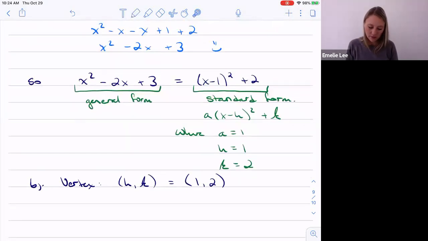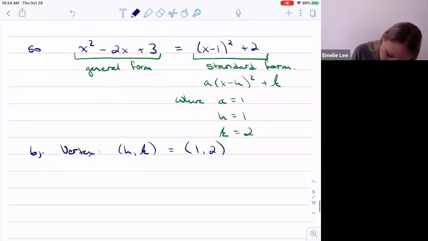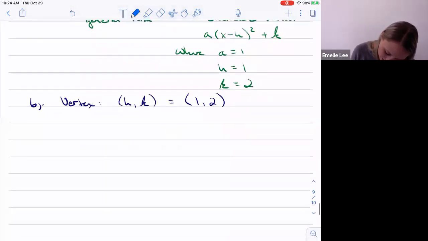Remembering that from the start, a is positive, so it's going to be pointing upwards. If this 1, 2 is the vertex at the very bottom, then that's the minimum value of this function.